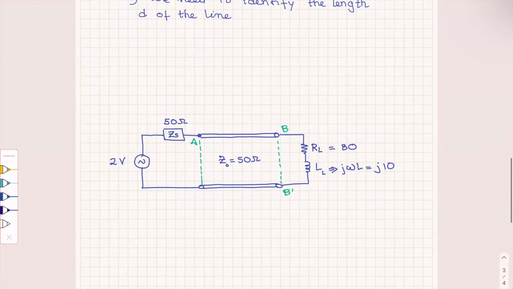And because I have a ZL at the end, all right. What I decided to do is to use a series stub for this one. So let us assume that I will use a series stub, and let us assume, where do you want to use the stub, in the beginning or at the end?